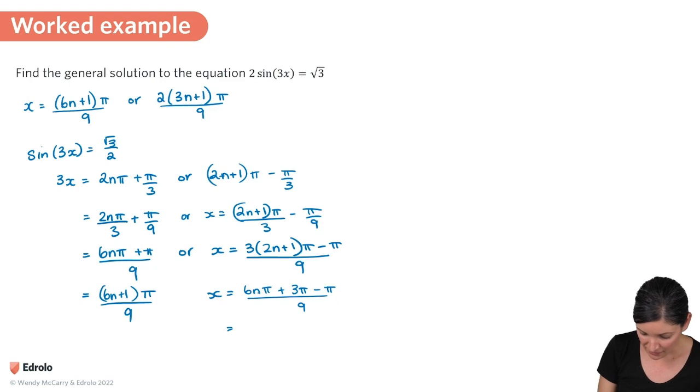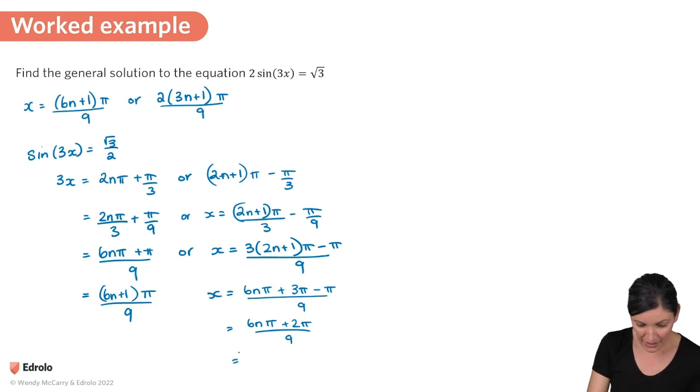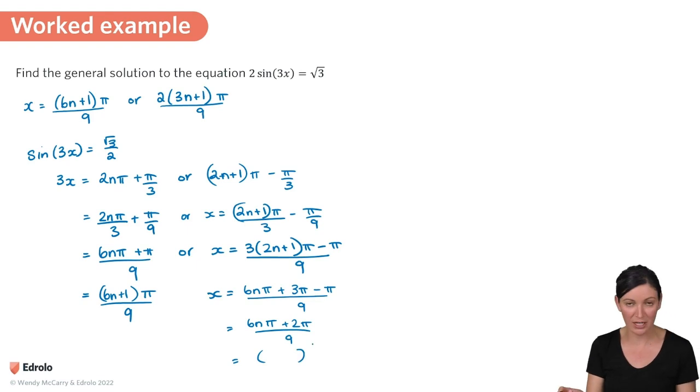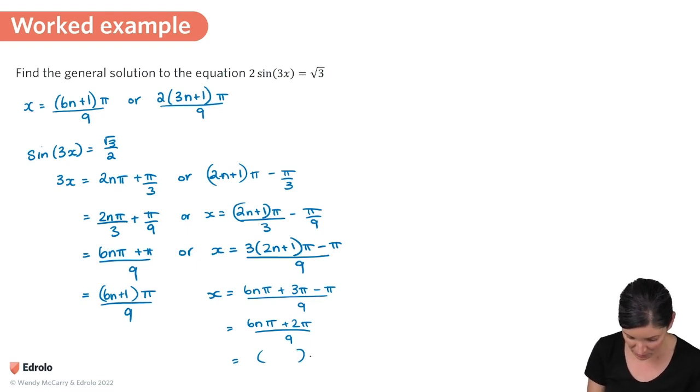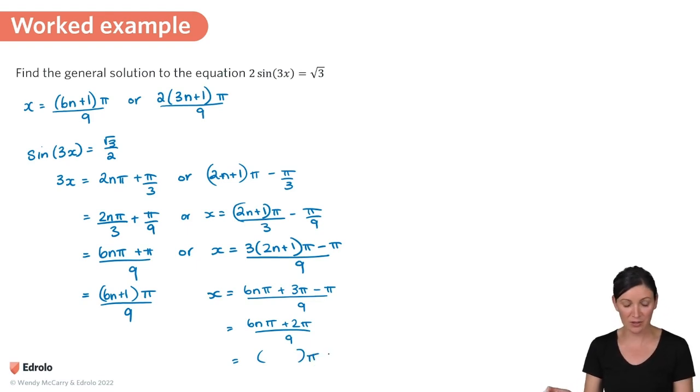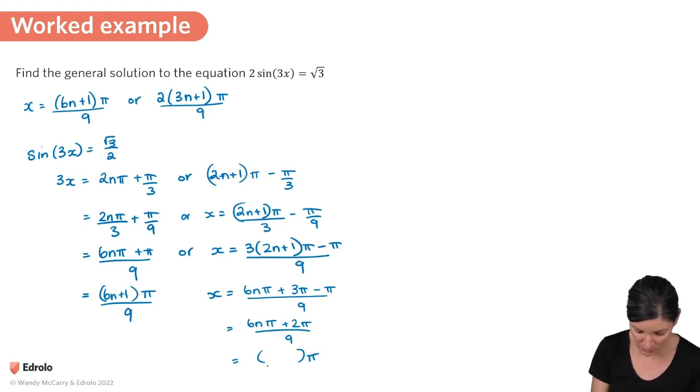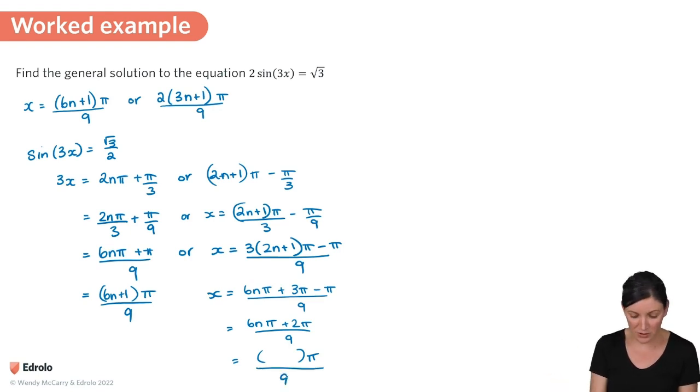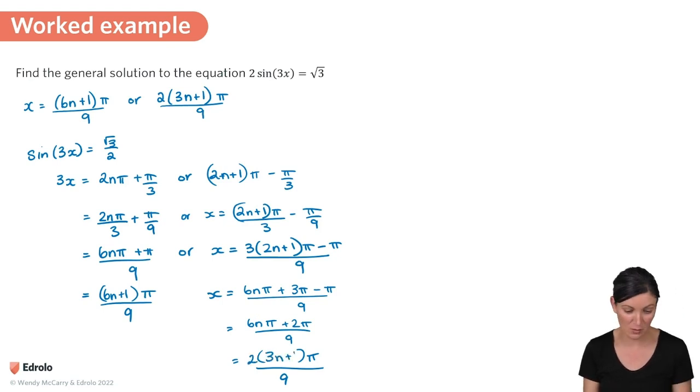Okay, this becomes 6n pi plus 2 pi over 9. And then I can factor out my pi, it's a little bit funny the way the calculator gives it to you, but we can factor a pi out of those two terms. I'll put our denominator here. And I can also factor out a 2. And then what I'm left with is 3n plus 1.